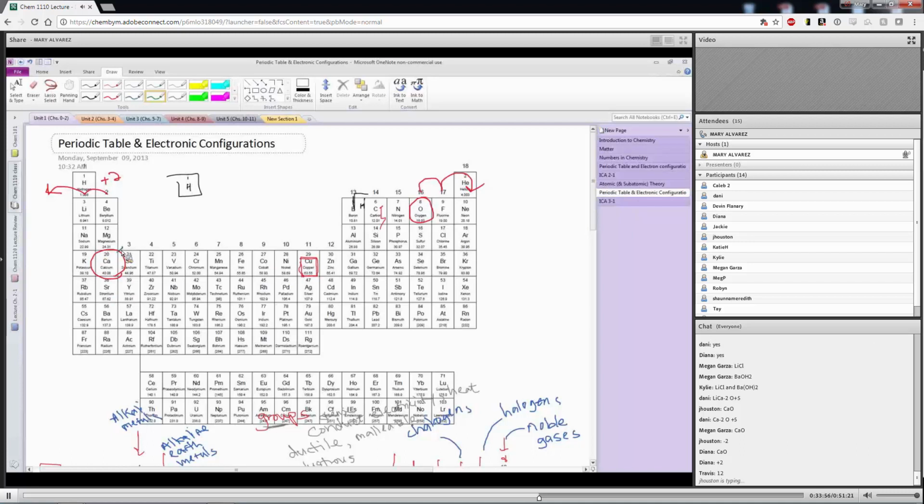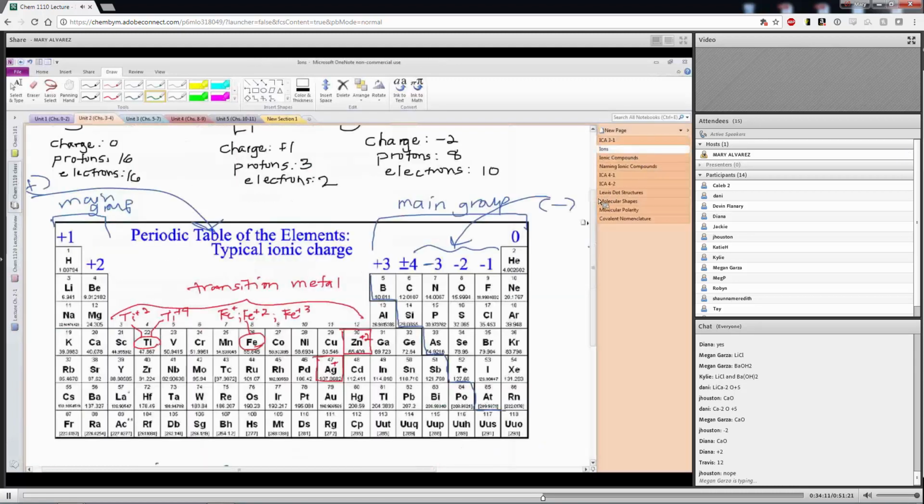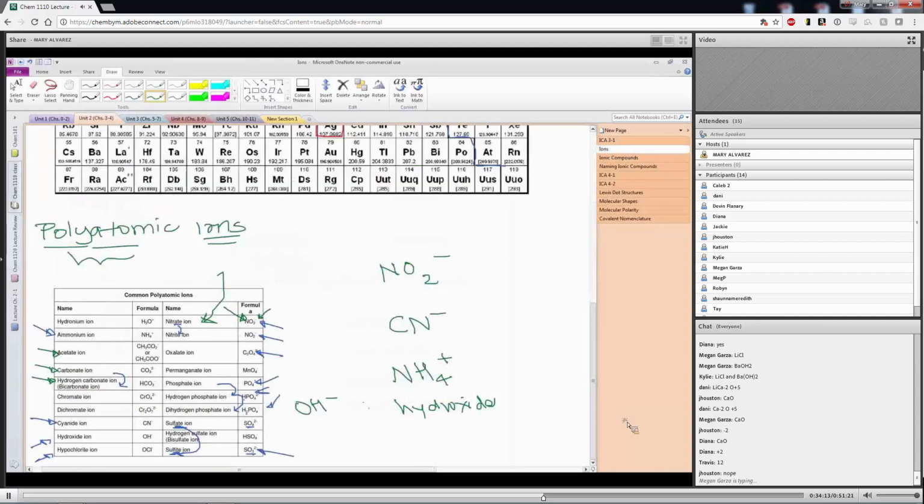Yeah, here's magnesium. It's +2. We don't see nitrate though. Not finding nitrate anywhere on this periodic table. That's because it's not on here. Nitrate is one of our polyatomic ions.